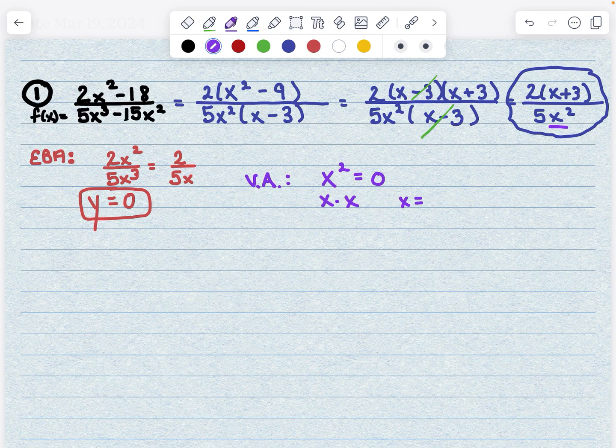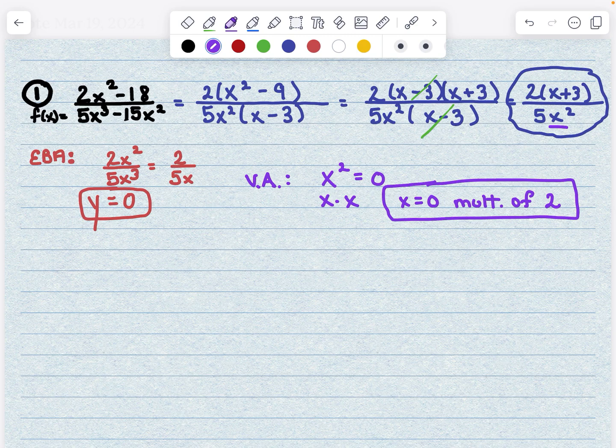That means x would be 0, x would be 0. So how many times do we see x equals 0? Twice. So our vertical asymptote is x equals 0, and it's going to have a multiplicity of 2. And having that multiplicity of 2 for the vertical asymptote means that our ends are going to go in the same direction on either side of that asymptote.